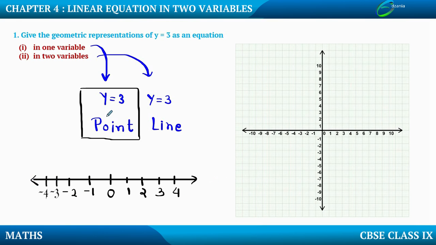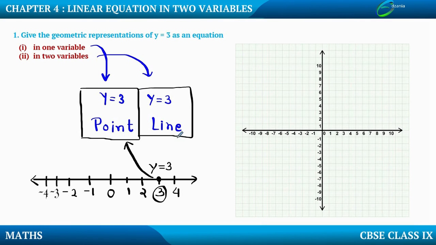One number line is enough to plot a point, and this over here 3. Just make a dot over here, and this dot is nothing but y is equal to 3. So this is the geometric representation of y is equal to 3 in one variable. So in one variable it is just a point. You can see this is just a point over here.